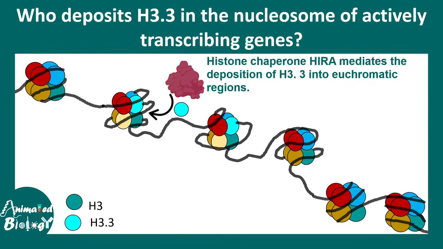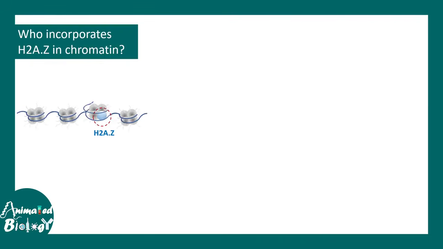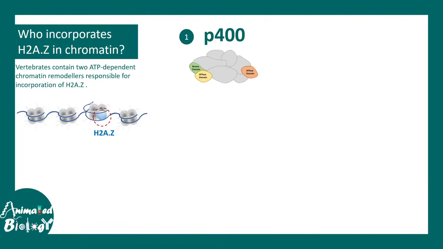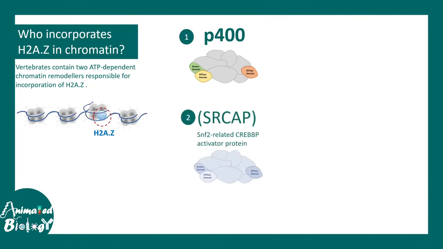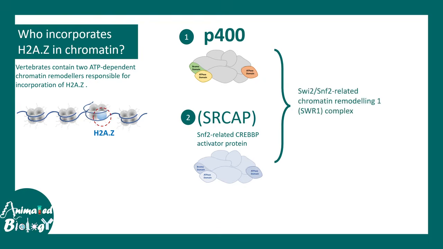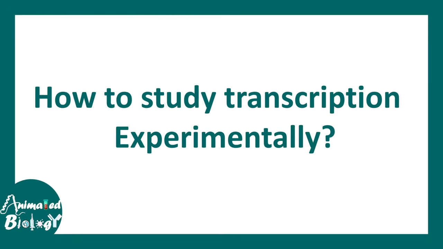It turns out that the H3.3 version of histone is recruited by histone chaperones, whereas H2AZ is recruited by specific remodeler complexes such as P400 or SRCAP. So all of them are SWR1 type of nucleosome remodelers. Now we have understood why studying the chromatin point of view is really important to understand transcription.